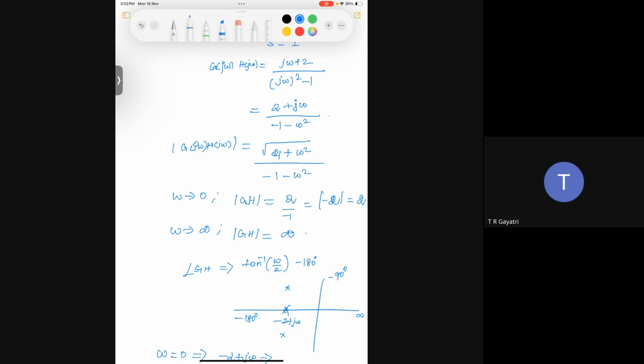So it will be infinity j omega by omega square. Omega should be 1 by omega into j. Infinity becomes 0.